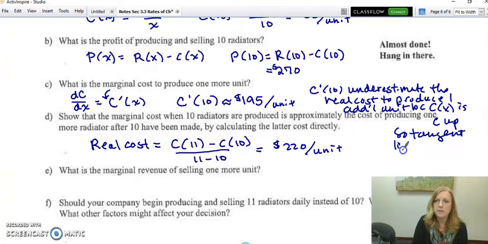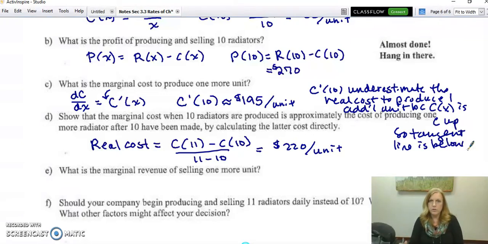And so the slope of the tangent line is giving us the additional over one unit up $195. It's not quite up as much as it would be because of that. It's a little bit of an underestimate, but it's a close estimate, so that's why we use this marginal cost.